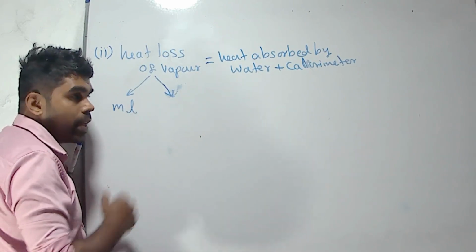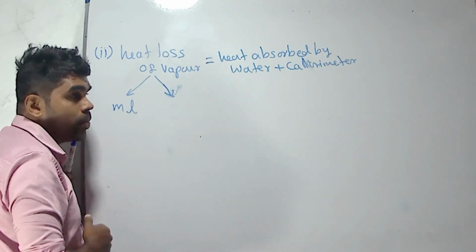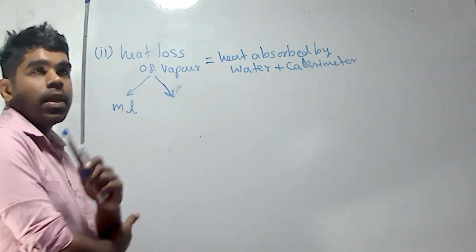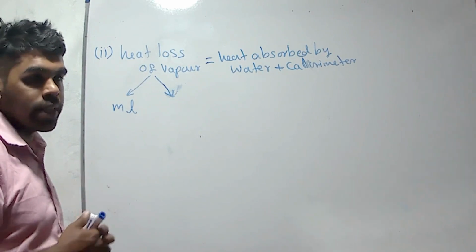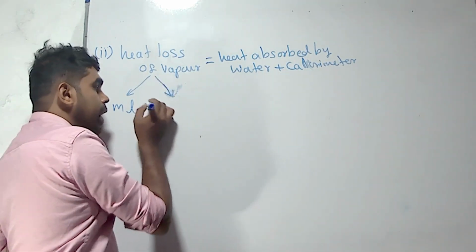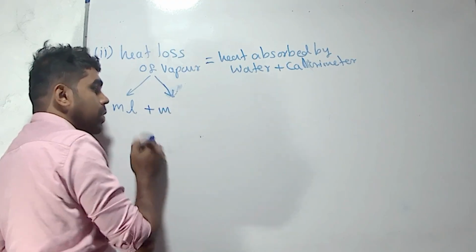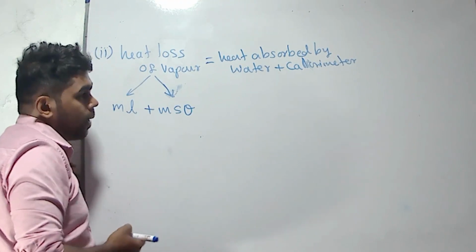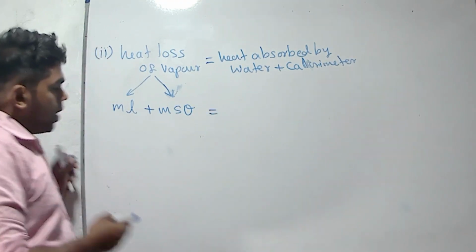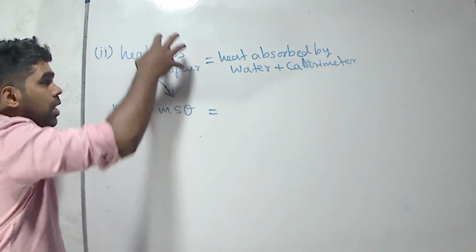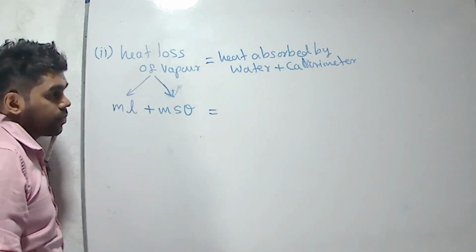Therefore, it should cool down to the theta 3 temperature, the maximum temperature reached by the system. When cooling, the condensed water amount gives an m s theta term. Then there are two types of heat loss in vapor.